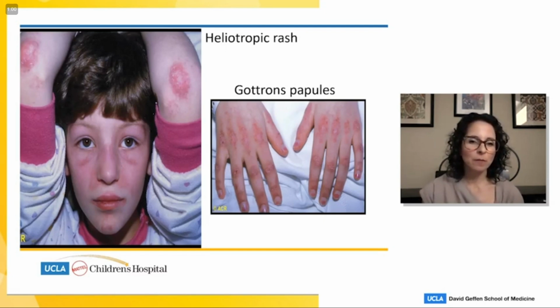You see the nasolabial fold involvement, quite diffuse, periorbital edema as well in this young female, as well as the classic Gottron's papules involving the MCPs and PIPs. And if you look really closely on that picture to the right, you'll see that the nail bed capillaries also have some hyperemia, again consistent with a small vessel vasculitis.